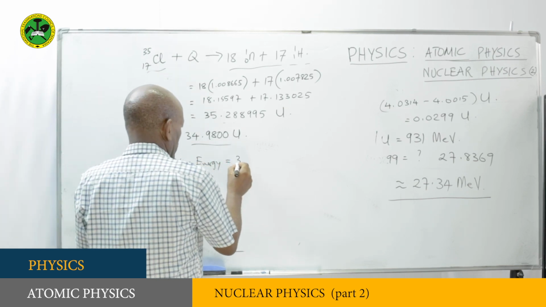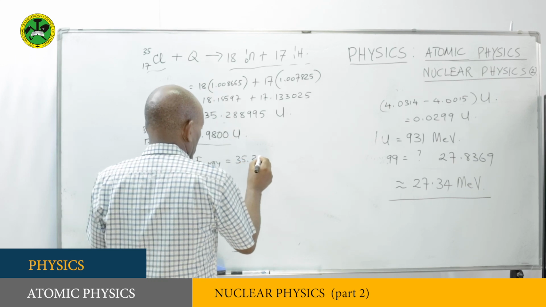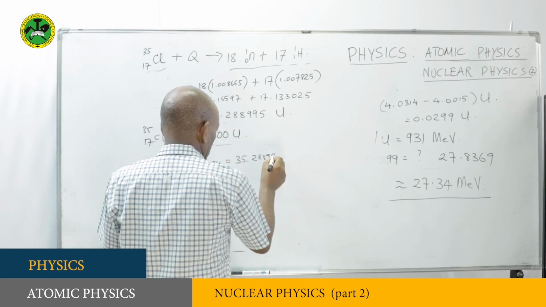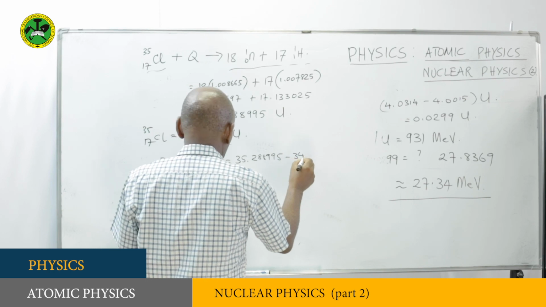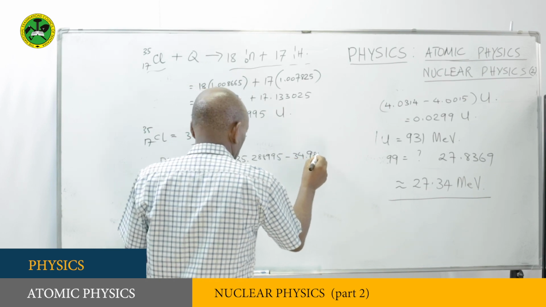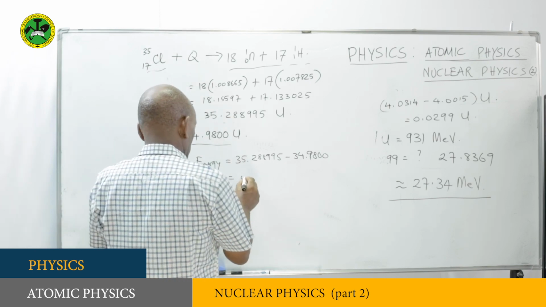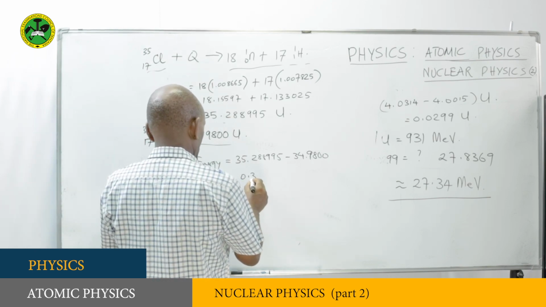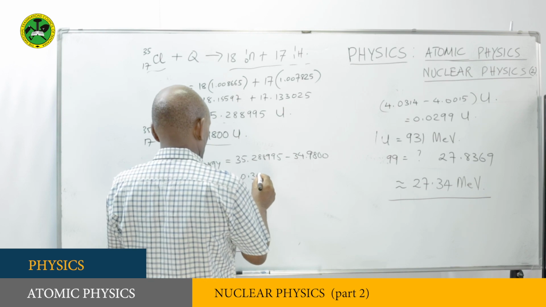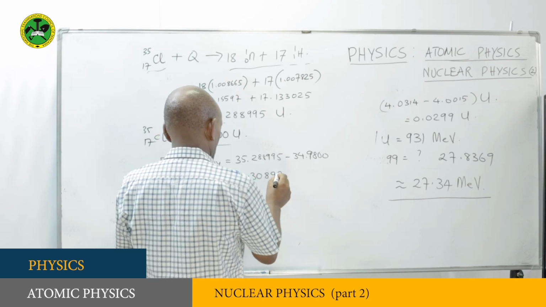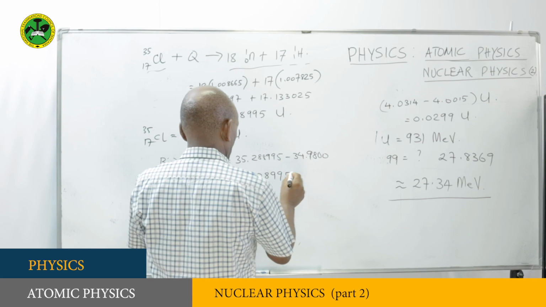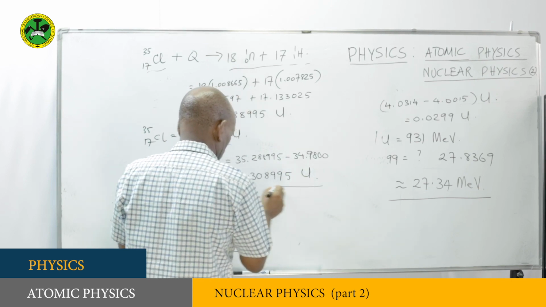So the binding energy will take us by taking 35.288995 minus 34.9800. So this is going to give us 0.308995 atomic mass unit.